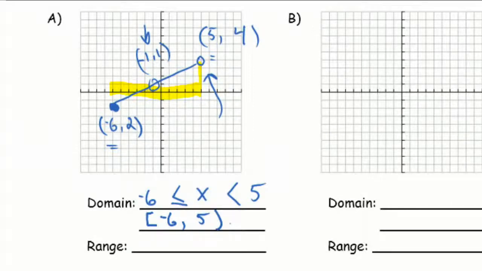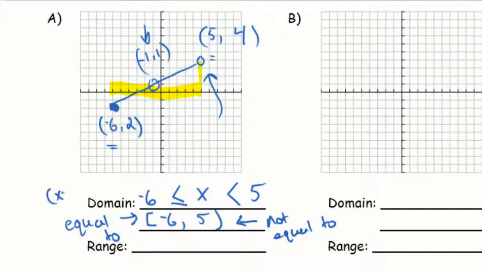A square bracket means equal to that point, -6 in this case, and a round bracket means not equal to. All right, so that is the notation for our domain, the x values.